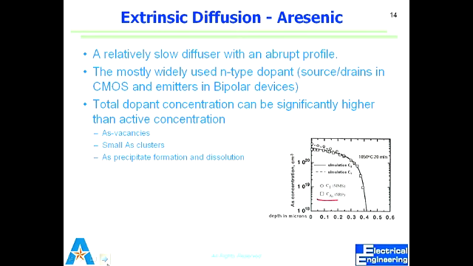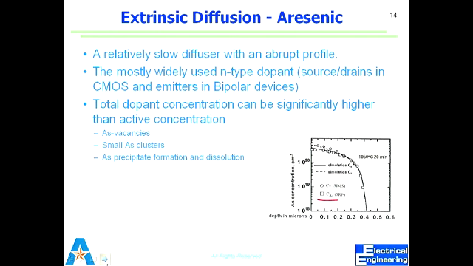So arsenic, what type of dopant is arsenic? N-type. It is a slow diffuser and gives an abrupt profile, which means you need a lot more temperature to drive it in, and then once you get it in, it doesn't travel too fast beyond that mark.